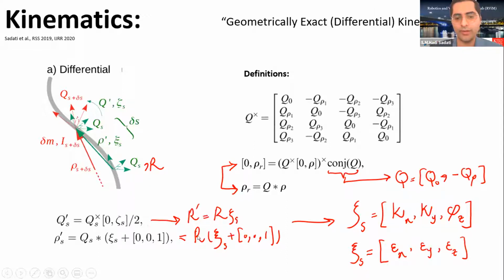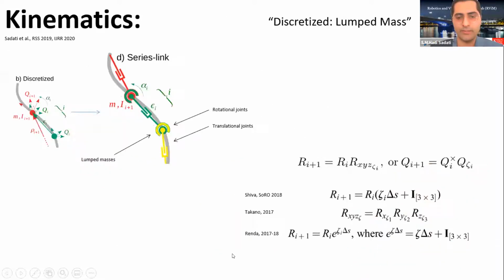If you follow the hand notes, you can simply replace quaternions with rotation matrices as well. On the bottom left, you see the differential kinematics, usually used alongside the Cosserat rod model, implemented with quaternions as well as rotation matrices. You may want to follow Caleb Rucker's publications, who mostly uses this implementation.